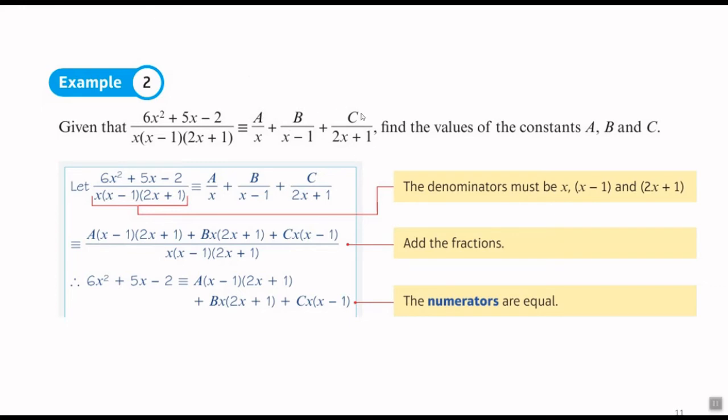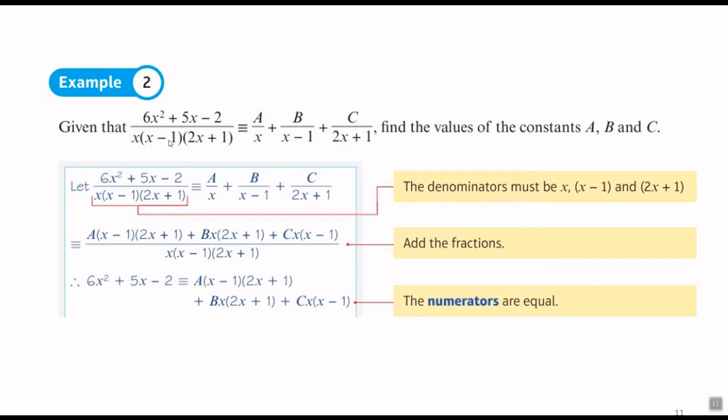So a, b, c are constants you need to find. So what you have to do? You need to take a common denominator. So what is the common denominator? x times x minus 1 times 2x plus 1. So this is the common denominator.